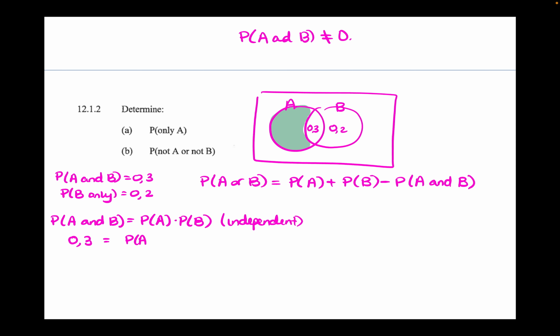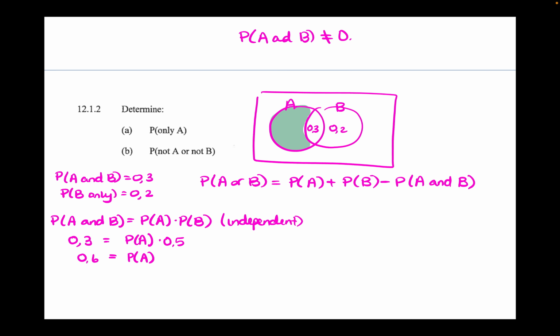And the probability of B is actually going to be 0.5, because that's 0.3 plus the 0.2. So the probability of A, if I divide, I get 0.6.